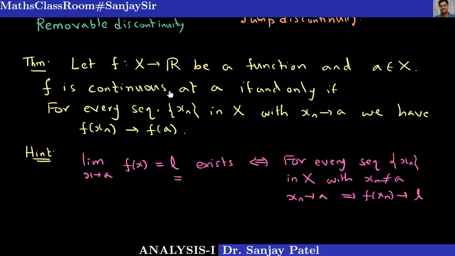So if you want to prove a function is continuous at a, you can simply take an arbitrary sequence xn converging to a, and you have to establish that f(xn) converges to f(a). Or the other way, suppose you want to prove discontinuity at a point, then just find at least one sequence xn which converges to a and show that f(xn) does not converge to f(a).